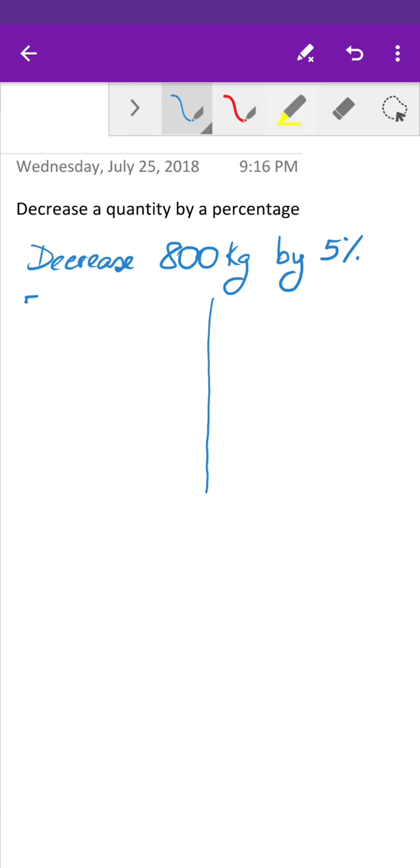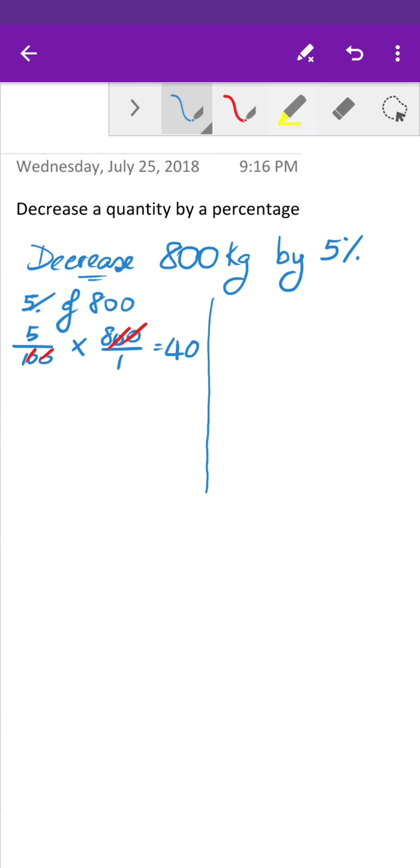First of all, what is 5% of 800? That's quite easy, you can cancel the zeros, 5 times 8 equals 40, so 5% of 800 is 40.